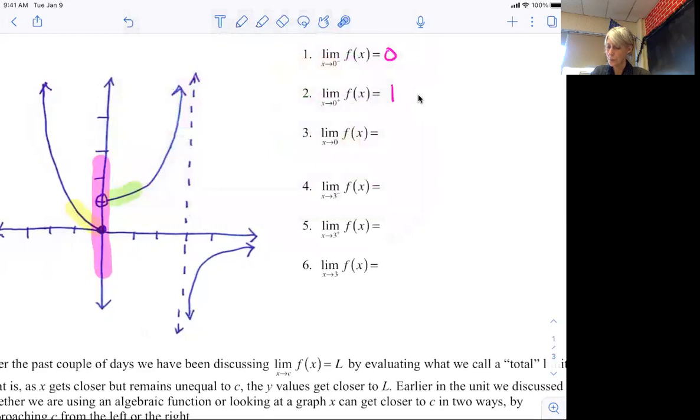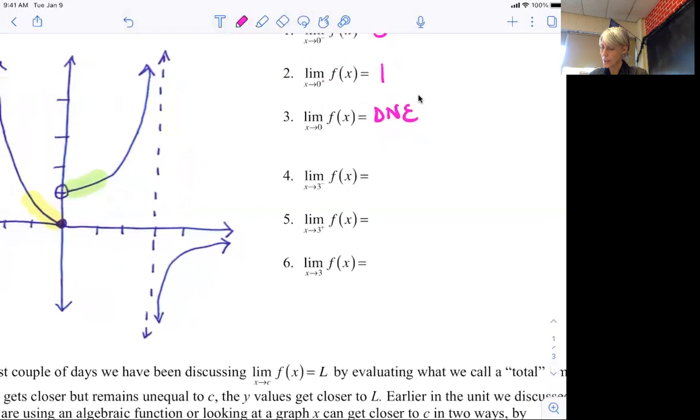No, this and this are different numbers. So the limit as x approaches 0 does not exist. They have to be the same value in order for it to exist. And we did discuss the other day, when you see a jump like that in the graph, that's going to mean the limit does not exist.